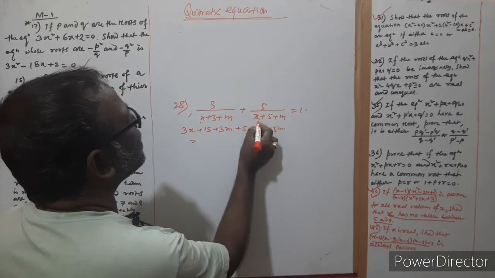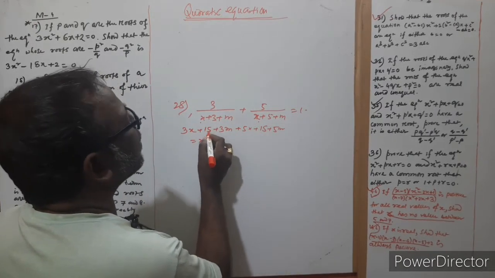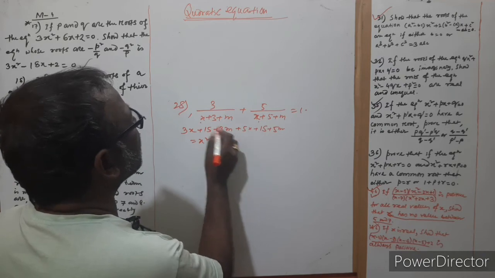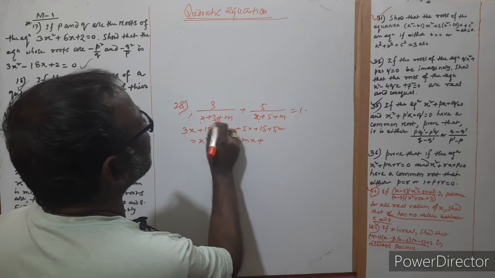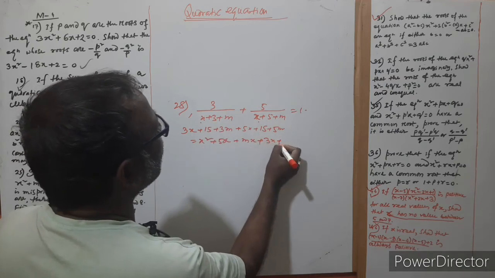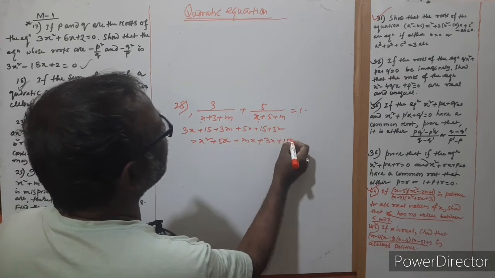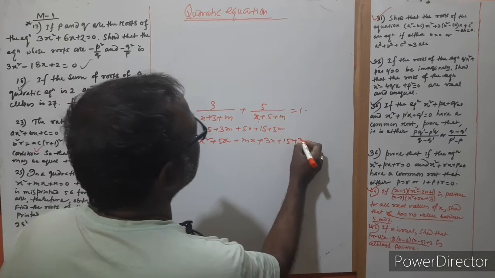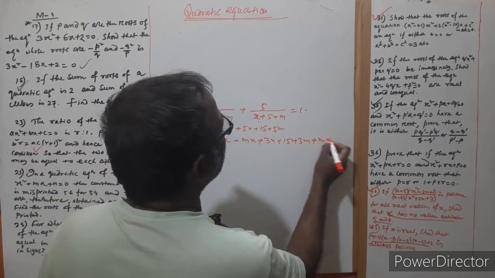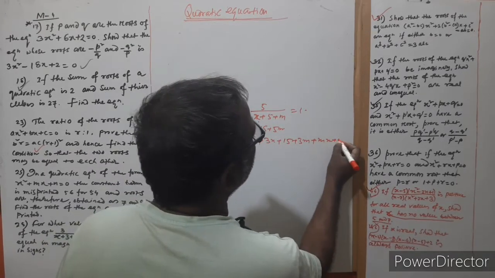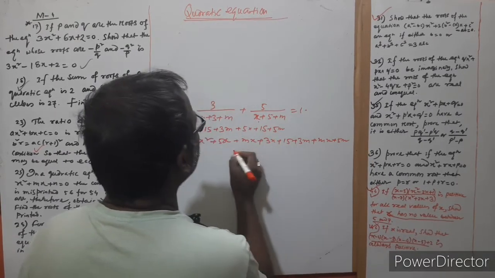x square, 5x, mx, 3x, 15, 3m, mx, 5m, m square.